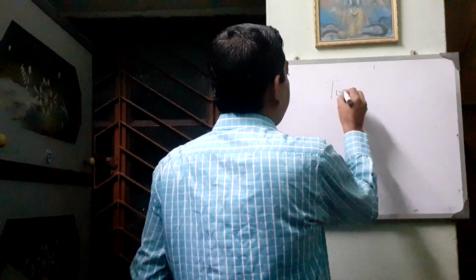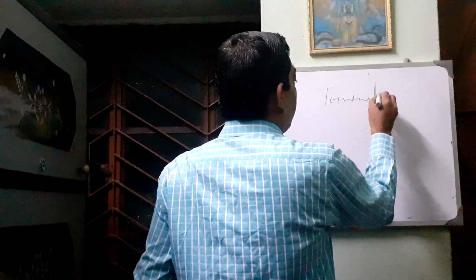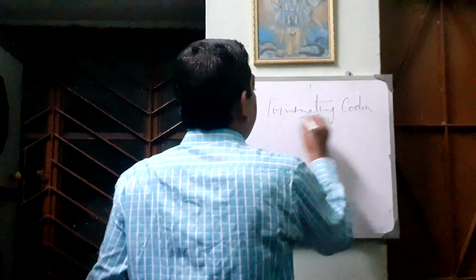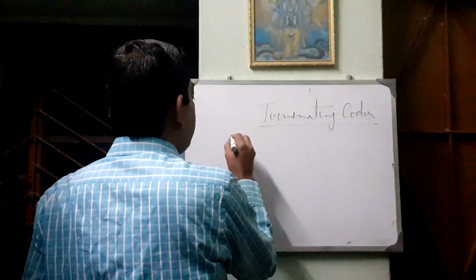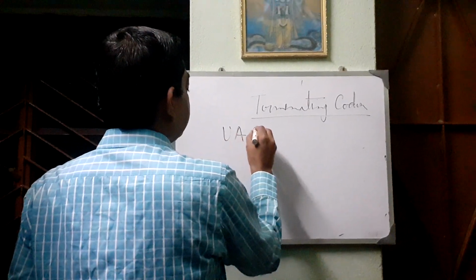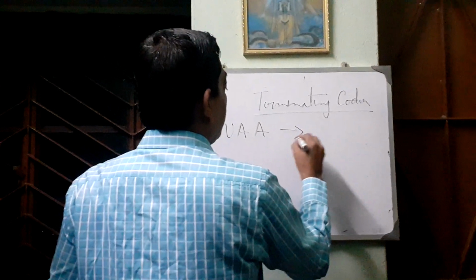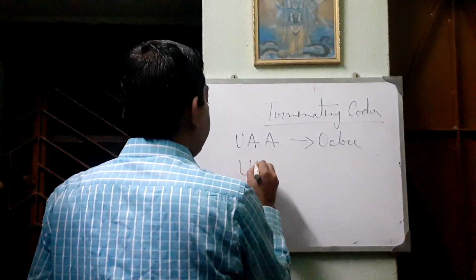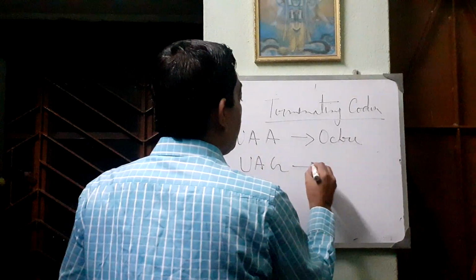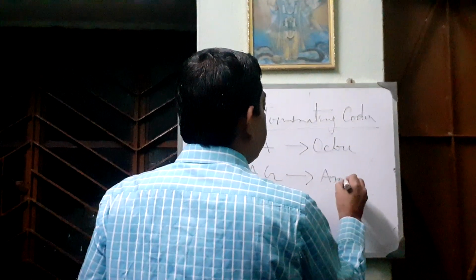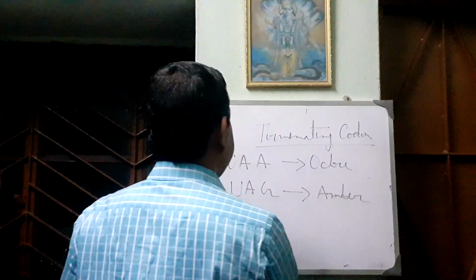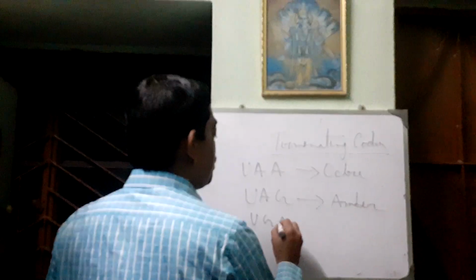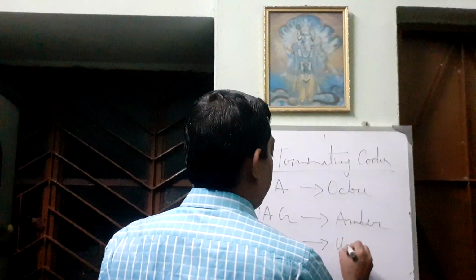The first is UAA, which is called ochre. UAG is called amber, and UGA is called opal.